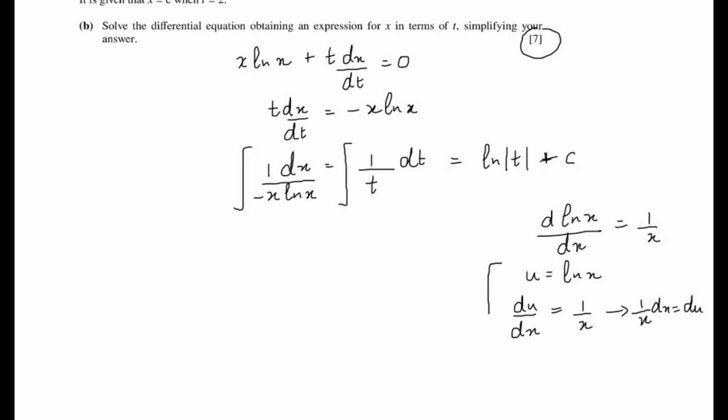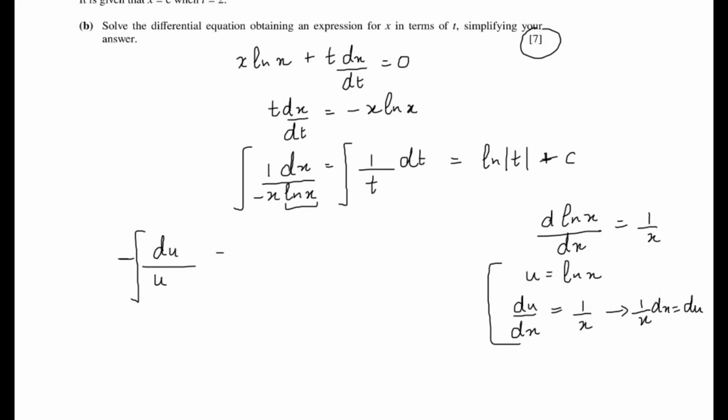So substituting both of these into the left-hand side, I get integral of dx by x is du, but there's a negative sign. I'm just going to take it out here. So du over, and log x's substitution is u. That's an easy enough integration.